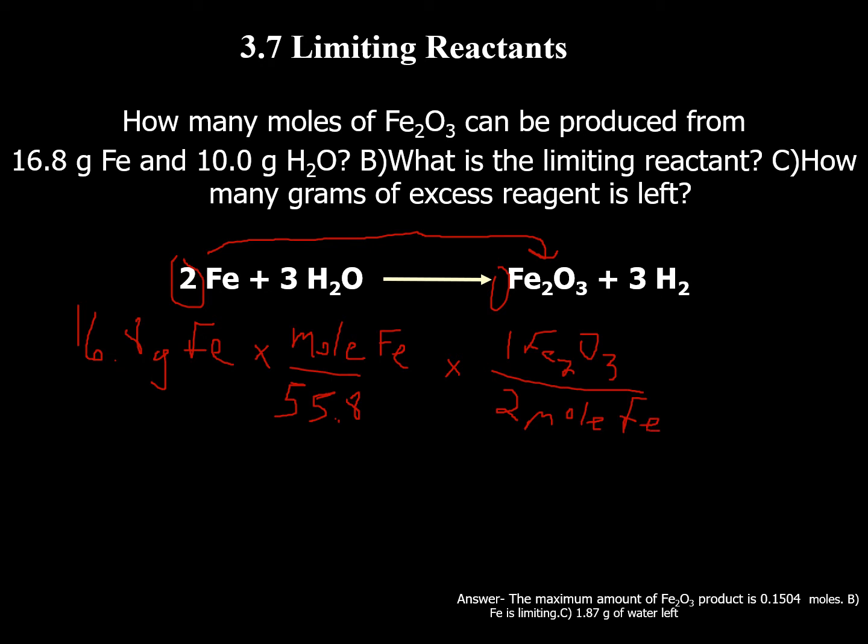And this gives us a value of 0.15 moles of Fe2O3. We have to do the same calculation for water. So I'll verbally tell you it's 10 grams of water divided by 18 grams per mole, which is the molar mass of water, multiplied by 1, divided by 3.